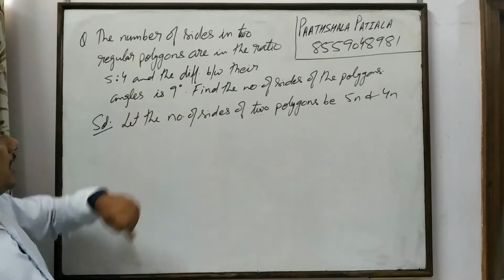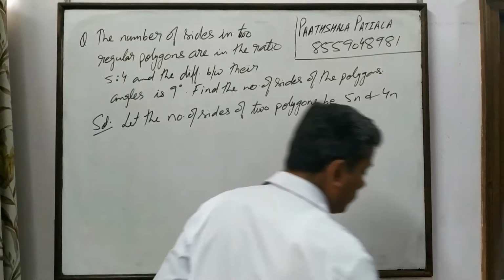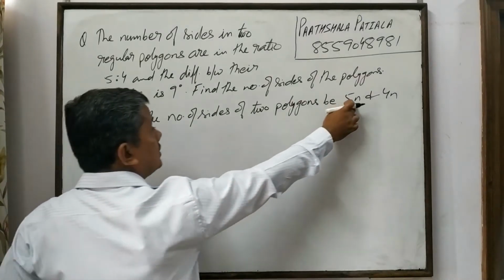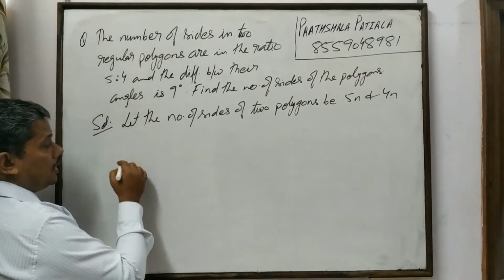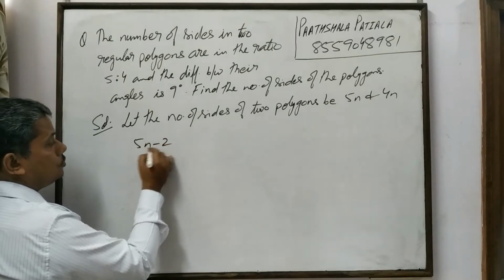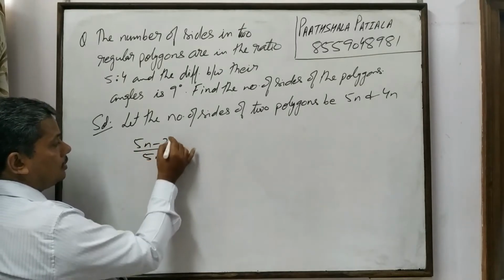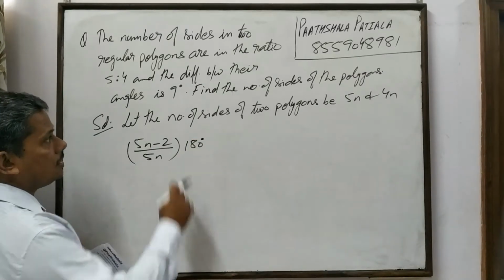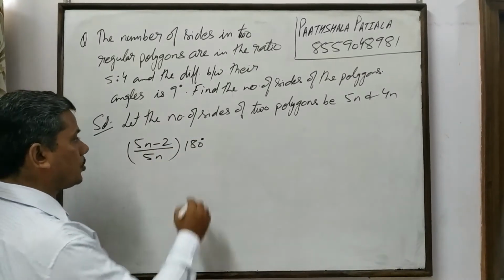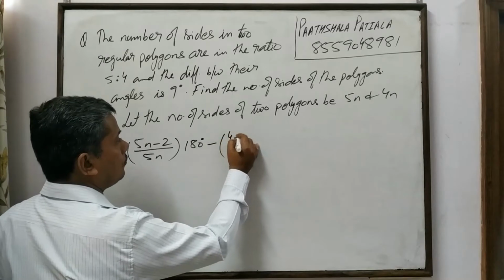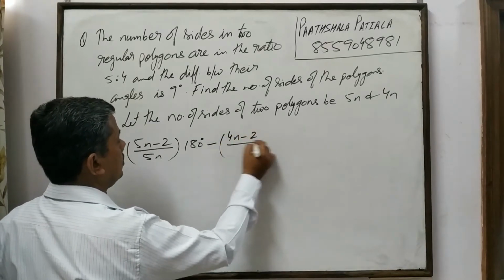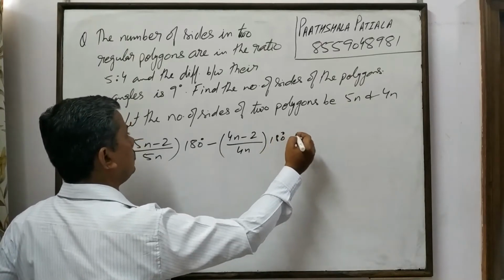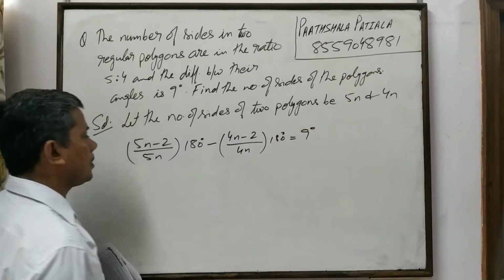The difference between their angles is 9 degrees. So the angle of the polygon with 5n sides will be (5n minus 2) upon 5n into 180 degrees. Here we take 180 degrees because the difference is in degrees. Minus (4n minus 2) upon 4n into 180 degrees is equal to 9.